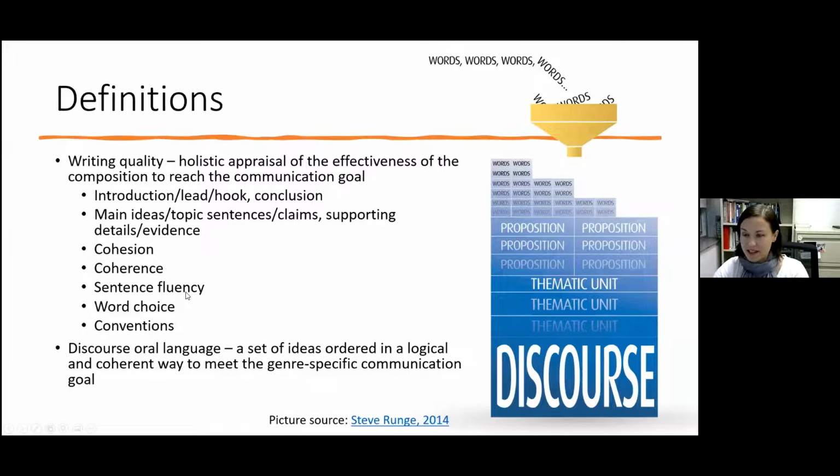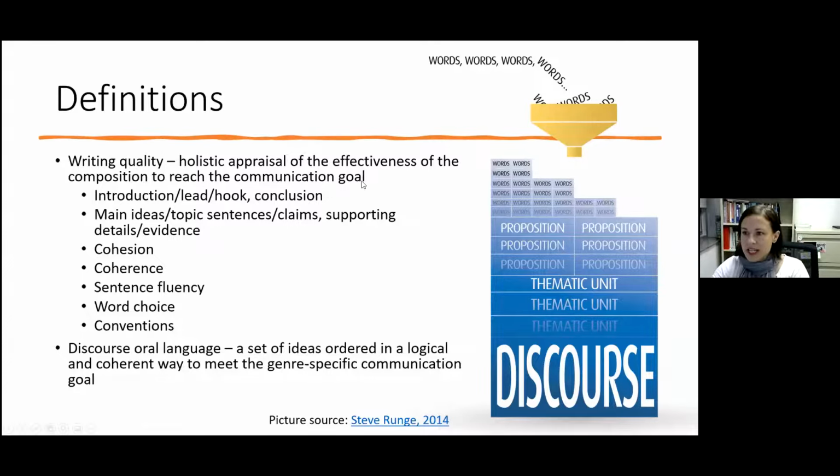Something that's often included is sentence fluency, so students' abilities to put together both simple and compound sentences and complex sentences where the need arises, and varying them, having precise and varied word choice, and then of course conventions, the mechanics pieces.